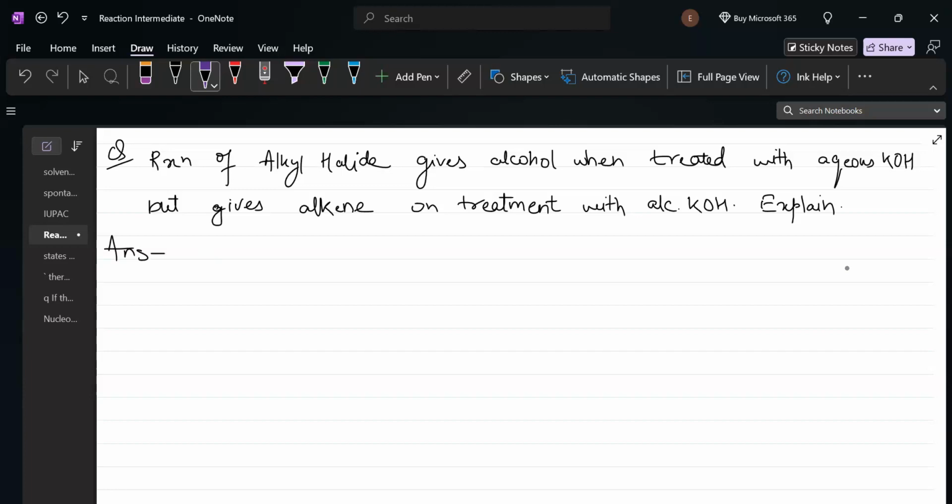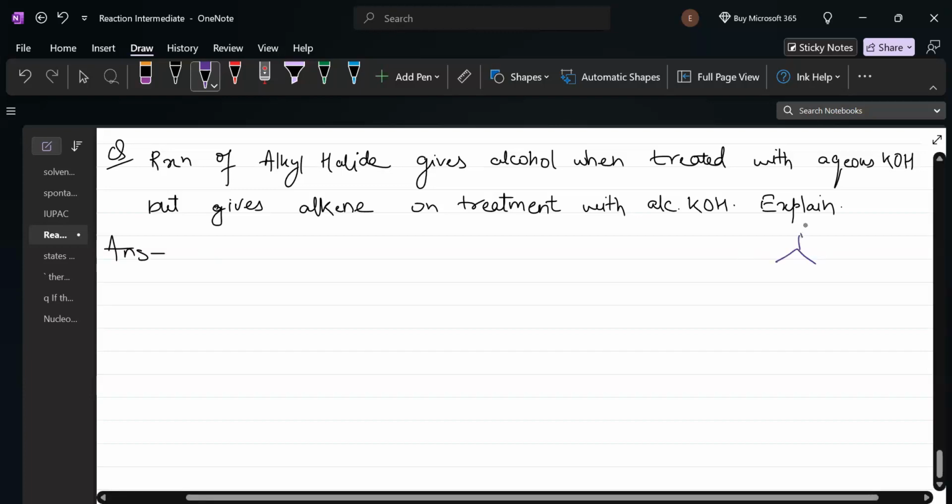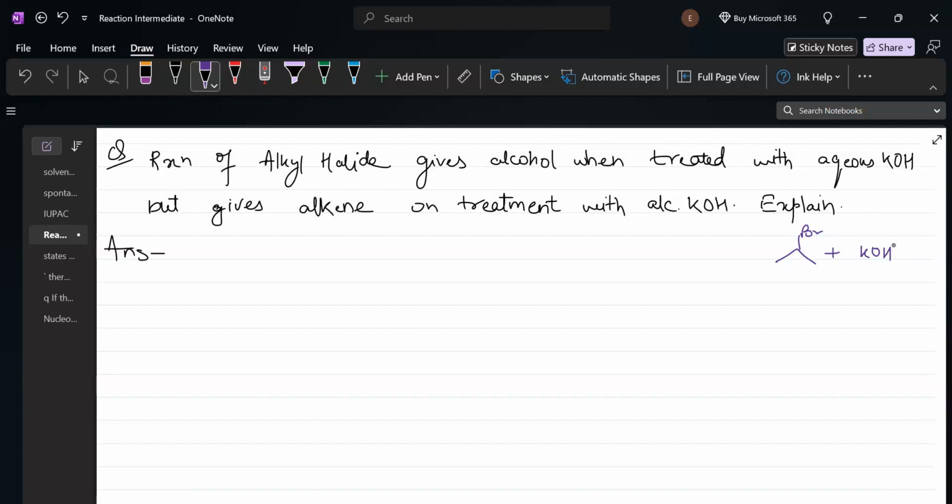For example, let me show you, if you haven't forgotten: this is Br, and this is aqueous KOH. If nothing is written, assume aqueous form only, meaning KOH has been mixed with water.